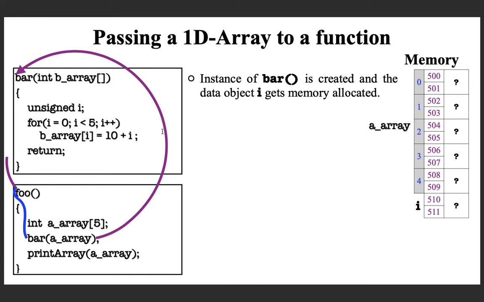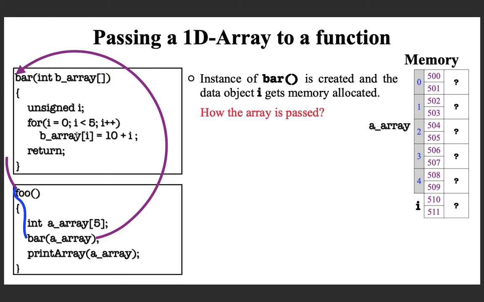Now the function call happened, an instance of bar which is being called is created, and the data object I gets memory allocated. So then why is memory not allocated for the formal argument? This is an interesting question. Then how is the array passed?